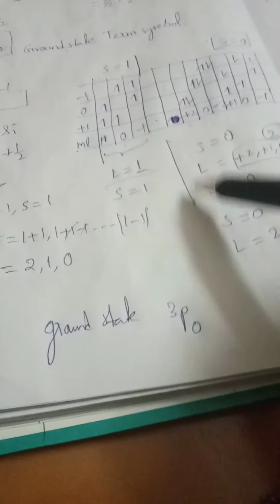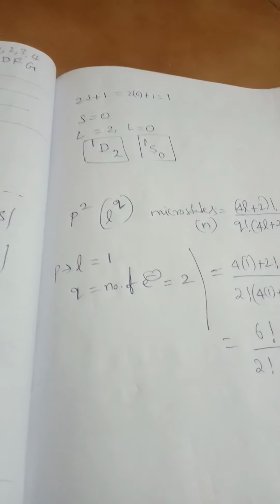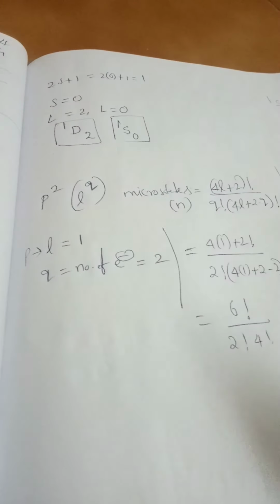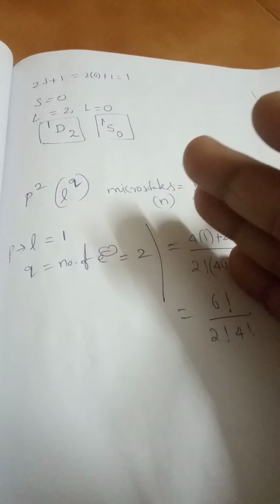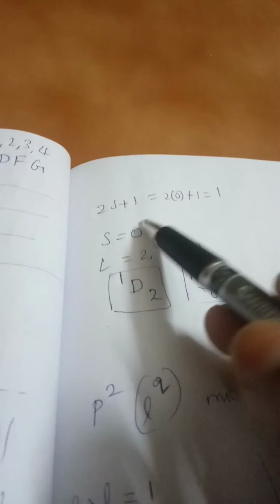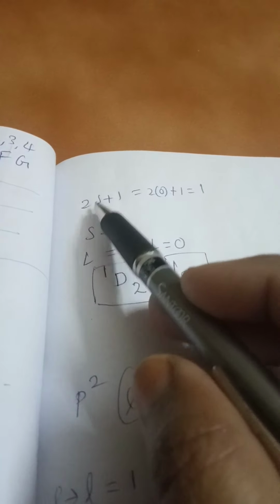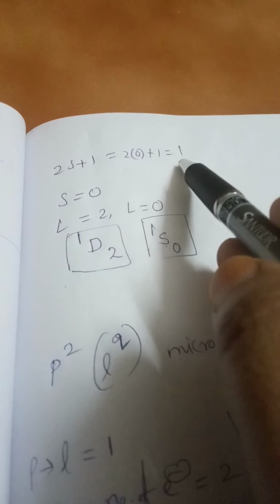Why do we calculate these 3? I already discussed the microstates; the microstate formula gives the count, and we compare how many microstates we get from the formula, which is the theoretical calculation. Again we put S equal to 0 in the spin multiplicity, 2 into 0 plus 1, which is singlet.